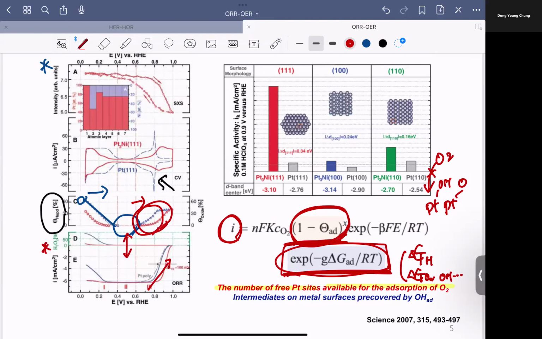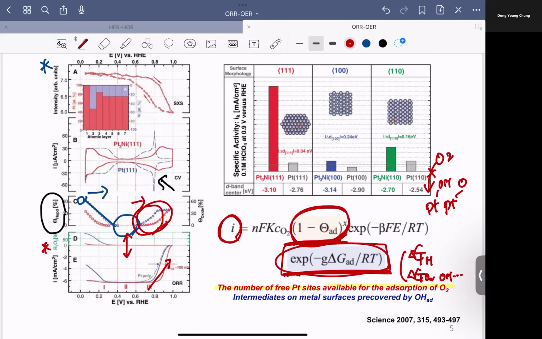But please keep in mind that if you change the potential, the surface of your active site is no longer what you prepared. Which means that you always have to think about what happens at a certain potential. That's the reason why recently people would like to discuss in situ analysis, right?